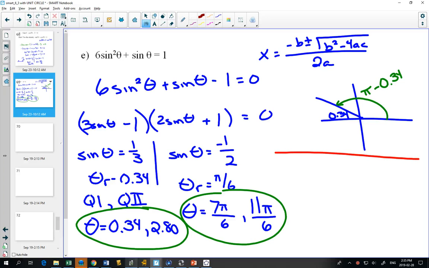So let's say you were unable to factor, but you saw on your formula sheet that you had the quadratic formula, and your quadratic formula is x equals blah, blah, blah. That is the quadratic formula whenever you have, and they have this on your formula sheet as well, ax squared plus bx plus c equals 0.